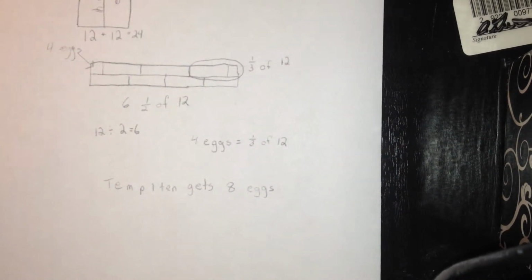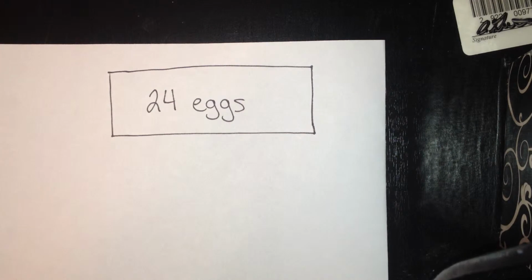If I were to teach this to a student who did not understand how to solve this problem, I would start out by drawing a large box and labeling it with 24 eggs. I would have the student read the problem to know where the 24 came from.